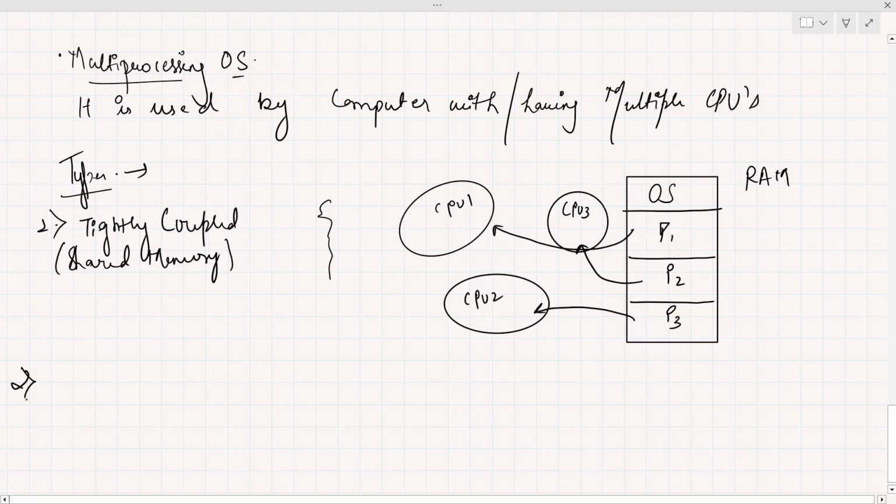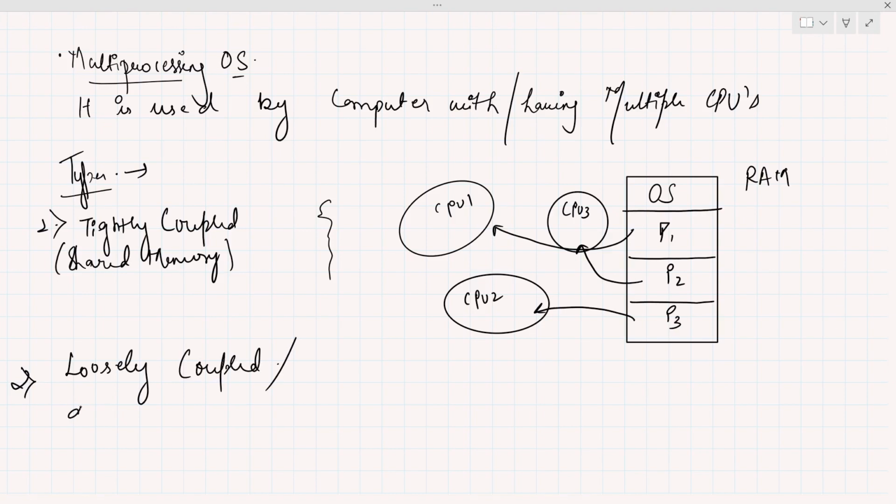Now the second type of multi-processing operating system is loosely coupled, or you can say a distributed system.